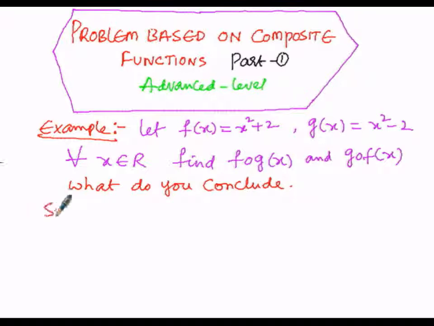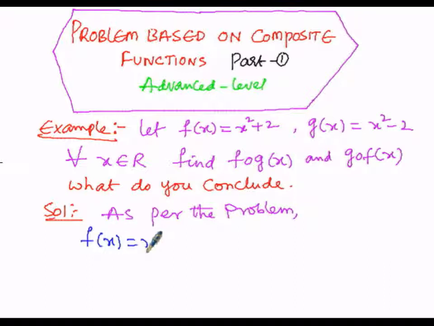Now the solution starts. In our solution, as per the problem, the first function f of x is given by x square plus 2, and the next function g of x is given by x square minus 2. But in case number 1, we have to find out f of g of x.